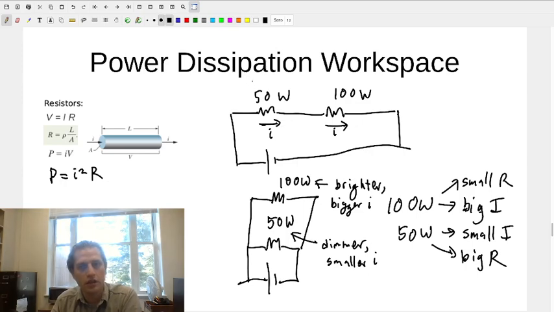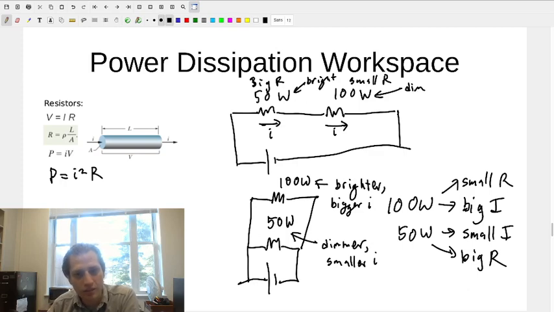So the 50 watt is going to have the big R. In this case, it's going to be bright, and this has the small R, and so this one is actually going to be dim.